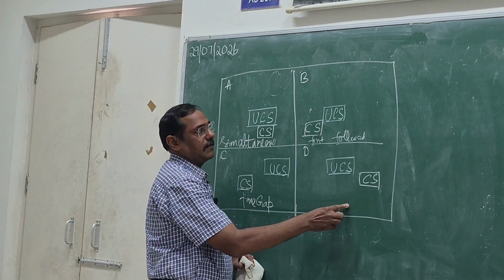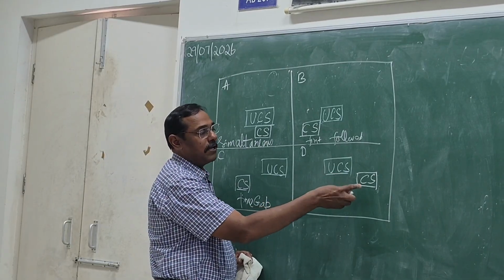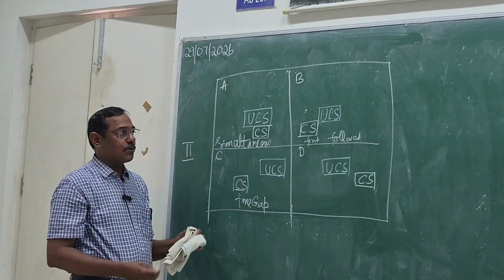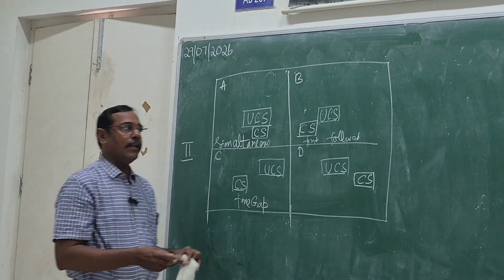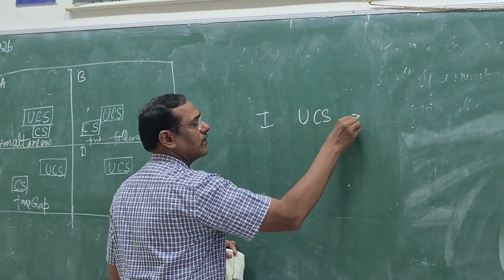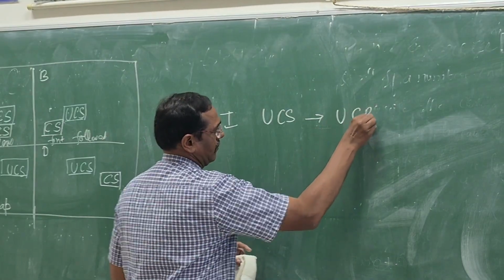Now this one: unconditional stimulus is given first, which is followed by conditional stimulus. So you should remember. Again, I will draw the first step. Step number 1, UCS gives UCR.